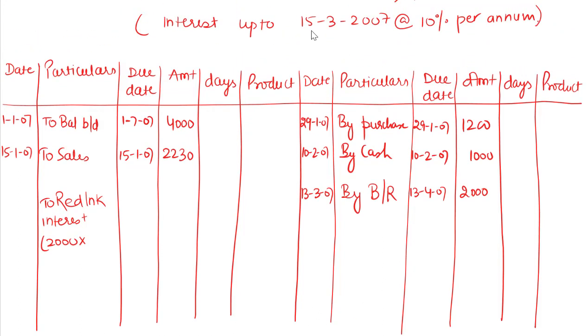So 31 minus 15, 16 days of March and 13 days of April, 29 days. 2000 multiplied by 29, write in the product column directly 58,000.